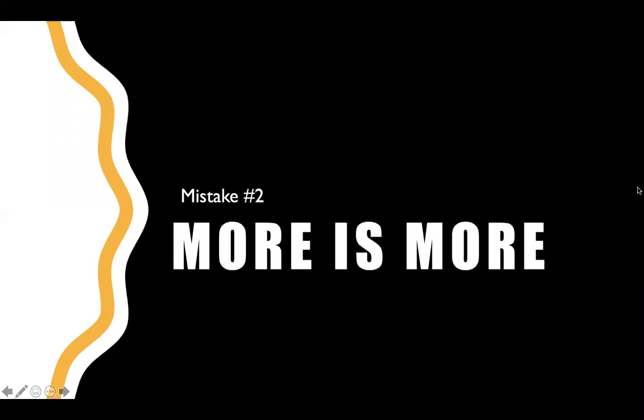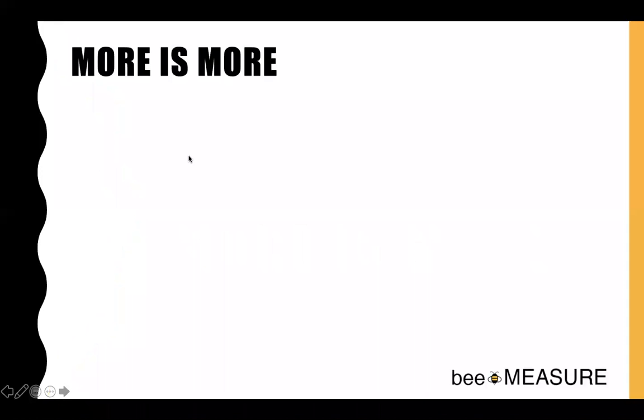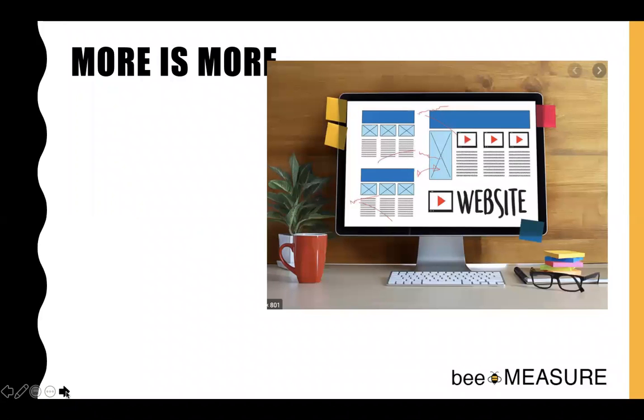Mistake number 2 is a little bit more abstract, but I like to call it more is more. So I think a lot of organizations take this approach to setting up their analytics accounts. They have a website and they set up analytics to track their website. Okay, cool.